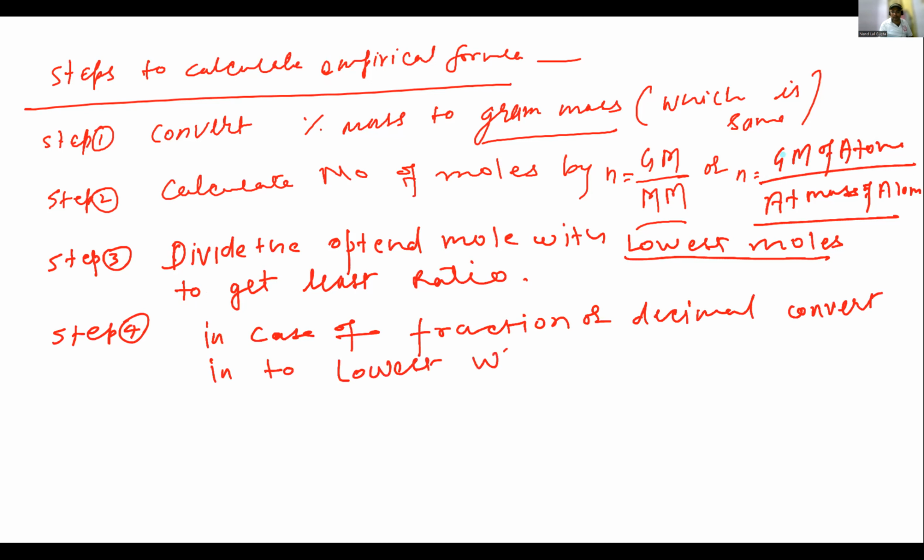Atoms cannot be in fractions; we always have to take the whole number form. So if it is coming as, suppose, 1.5, we need to convert it into 3 by multiplying with 2. The last one, step number 5.